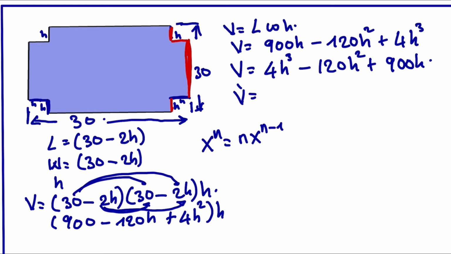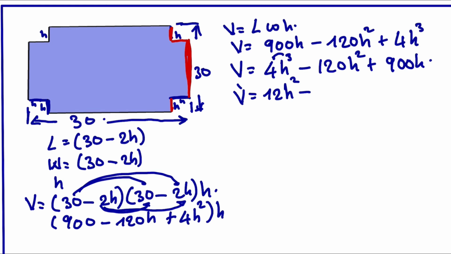This is the formula we use for the derivative. We take this n here and we minus 1. So we are going to apply this formula for differentiation here. If we take this, we are going to have 3 times 4, which is 12, and we minus 1 from the power, giving squared.